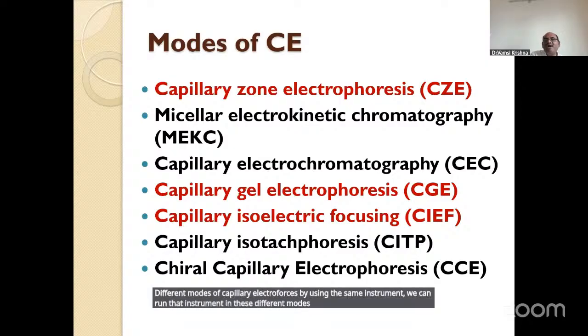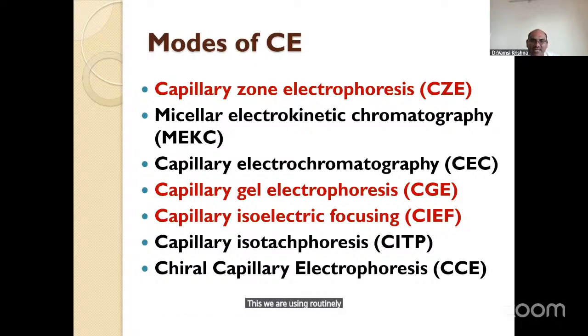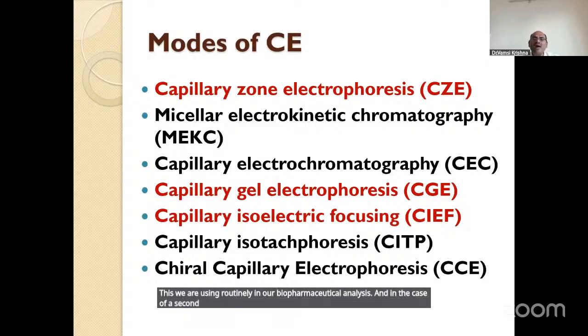The first one is capillary zone electrophoresis. This is the simplest form of capillary electrophoresis, and we use it routinely in our biopharmaceutical analysis. The second one is micellar electrokinetic chromatography.